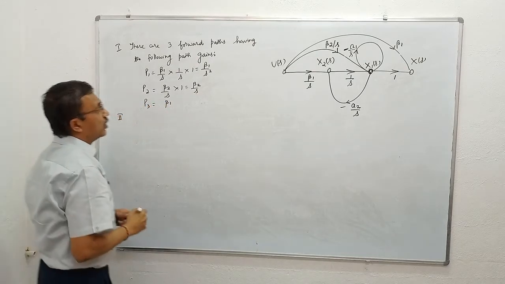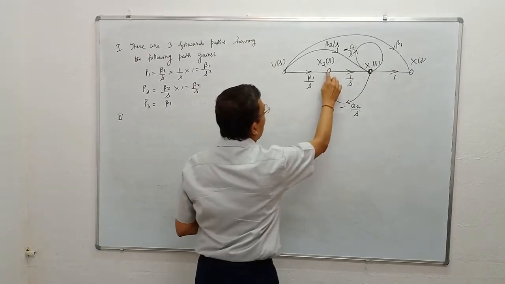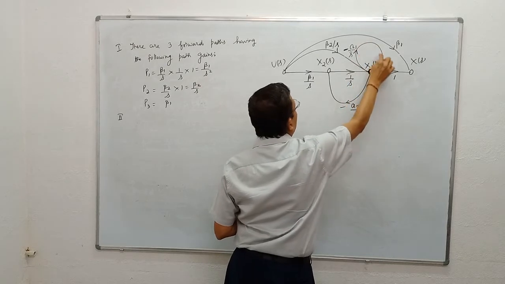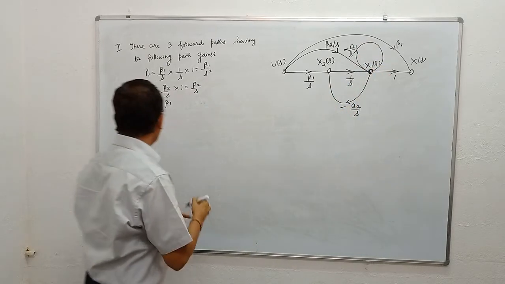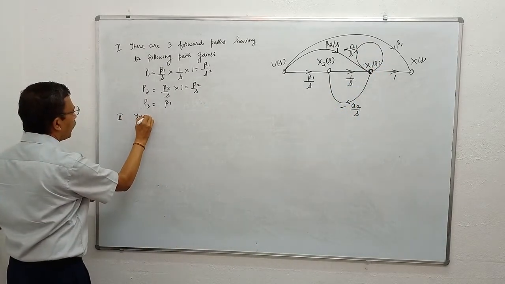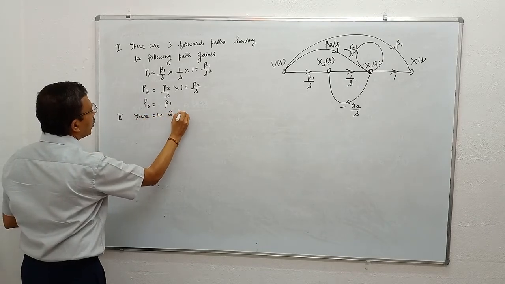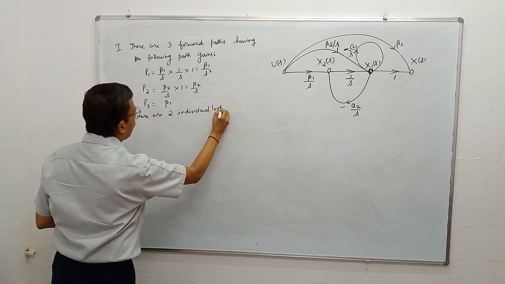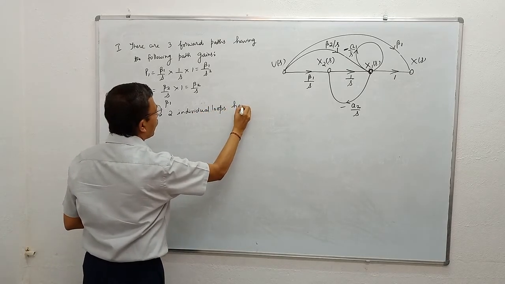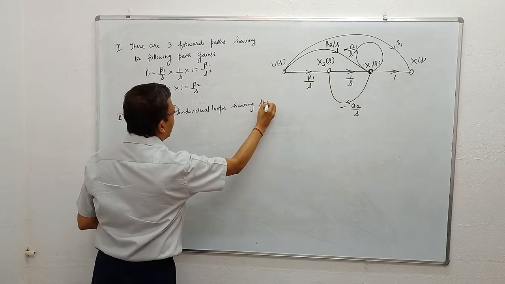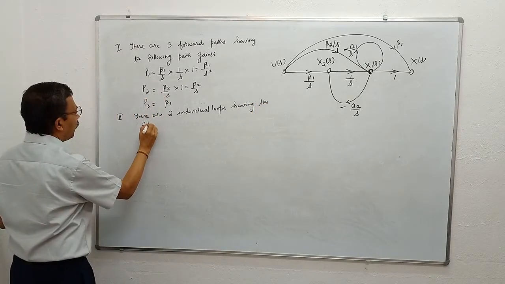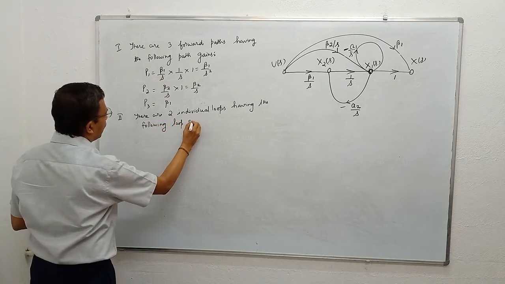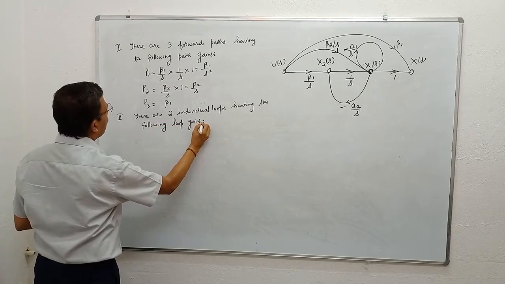Second step. There are 2 individual loops. The first loop is 1 by s into minus a2 by s. The second loop is minus a1 by s. So there are 2 individual loops having the following loop gains.